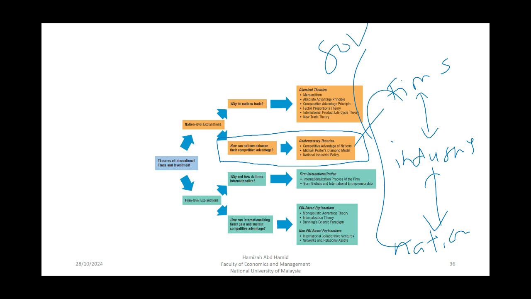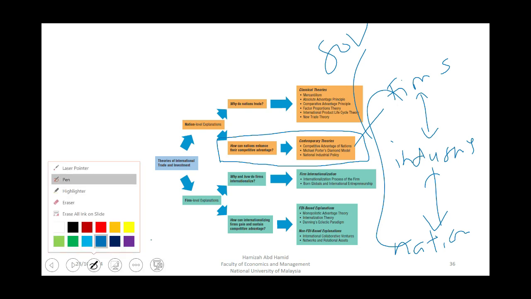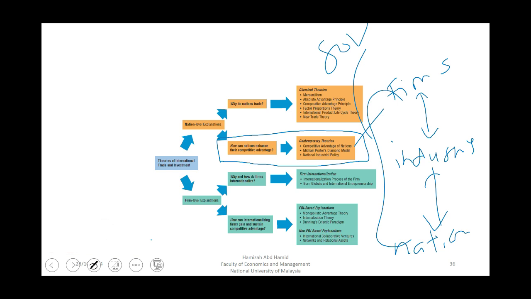Next, we have firm level explanation on international business. So these theories explain why and how firms internationalize, and after they have internationalized, how can they gain and sustain competitive advantage.